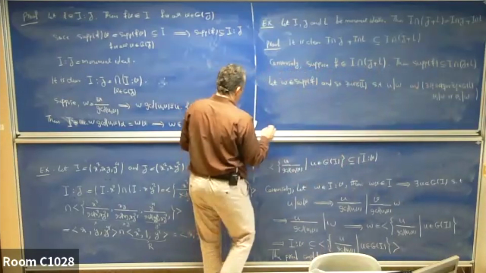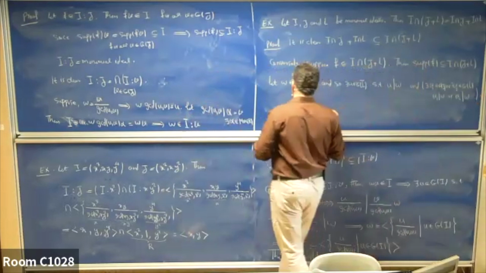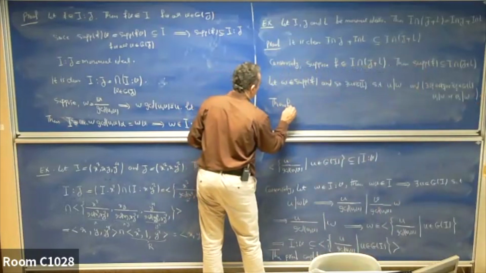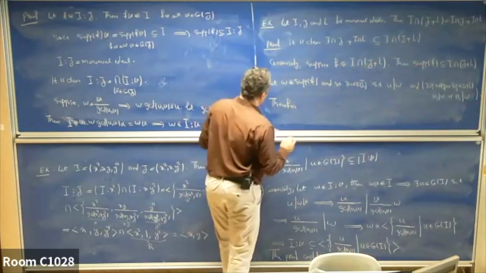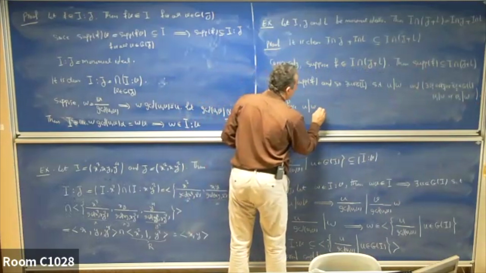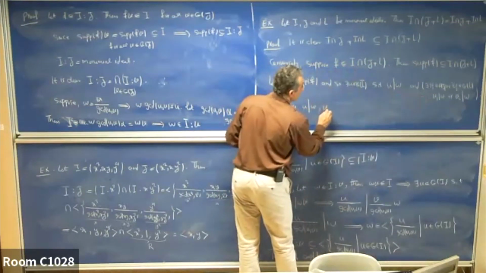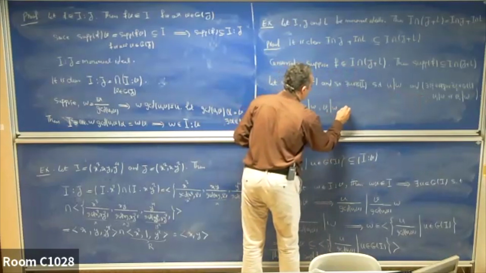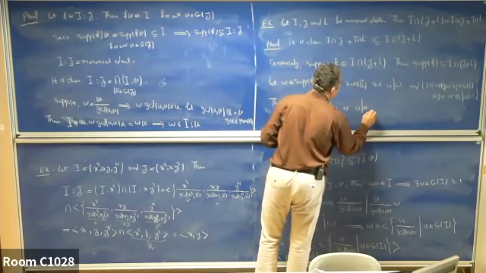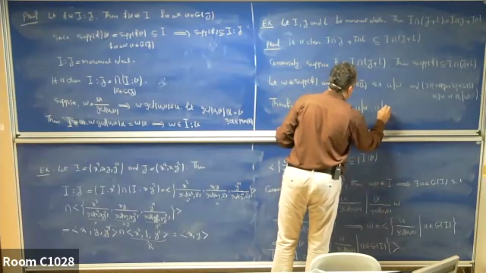So we have this one. Therefore u divides omega and v1 divides omega, or u divides omega and v2 divides omega.